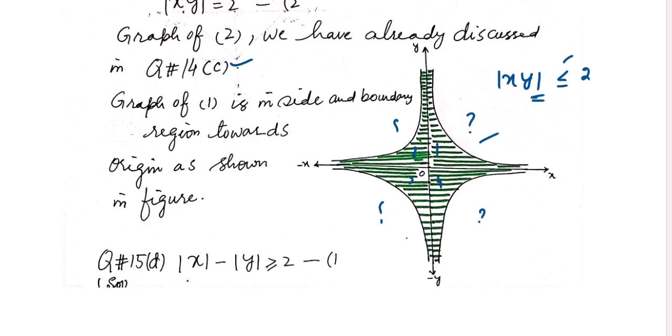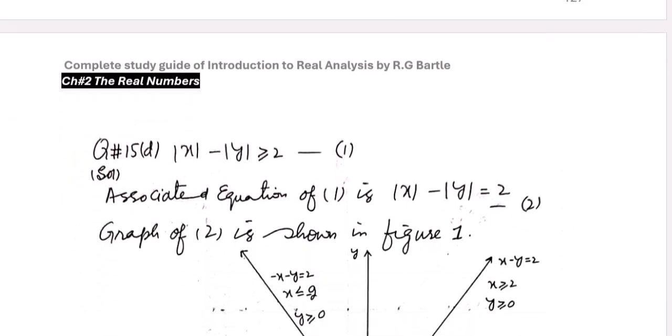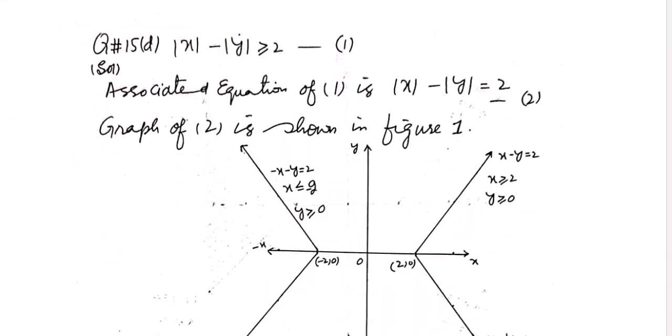The last one is |x| − |y| ≥ 2. The associated equation of this inequality is |x| − |y| = 2, and the graph of this equation is simply given by these four lines, starting from (2, 0) and (−2, 0).